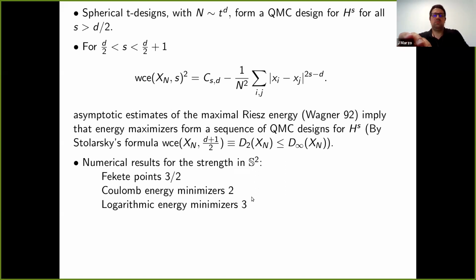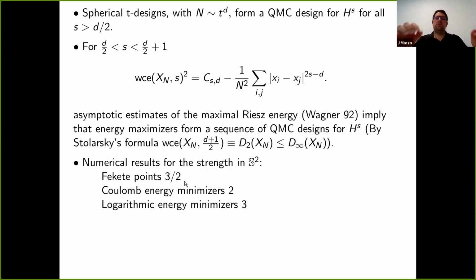I think nothing is known about this, but the conjecture is that, for example, for Fekete points, before we saw that with this weight w_j given by these Lagrange polynomials, we can go up to infinity with the regularity. But if we have a fixed weight, then they conjecture that the strength is 3/2.